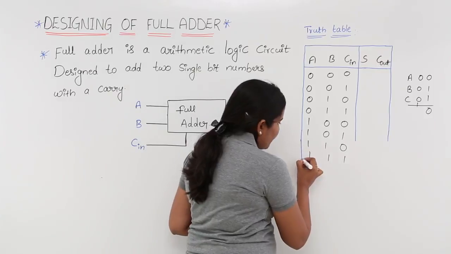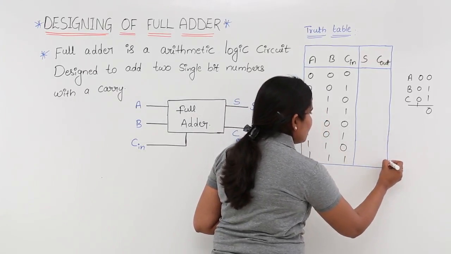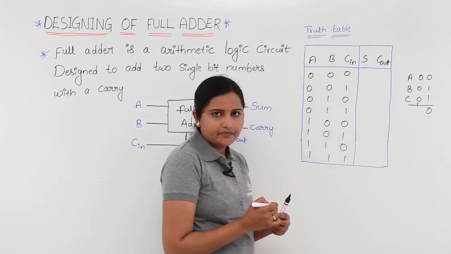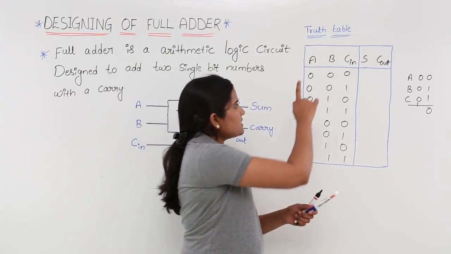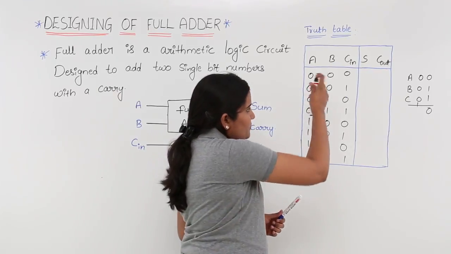So we have taken all possible combinations for this full adder. Now we will see how this is going to add. Here we are just adding these 3 bits, so I am doing this procedure.